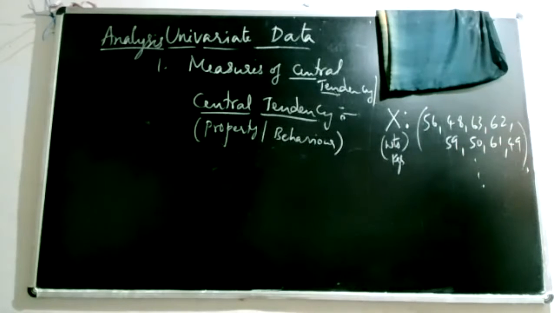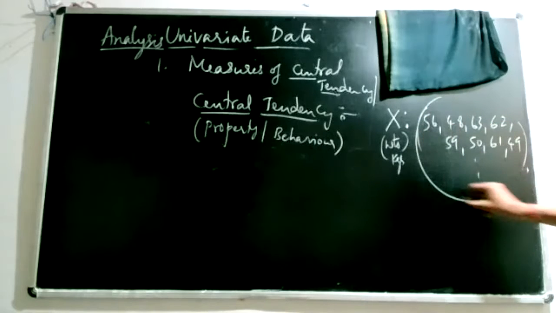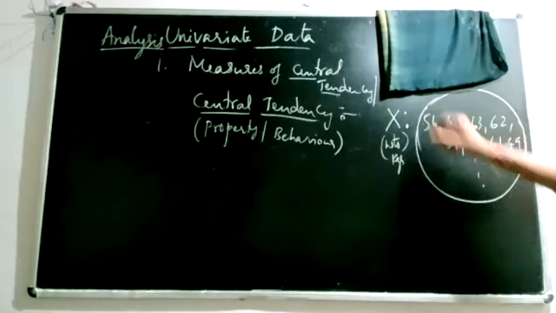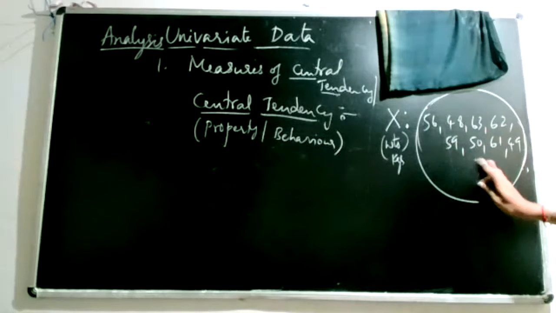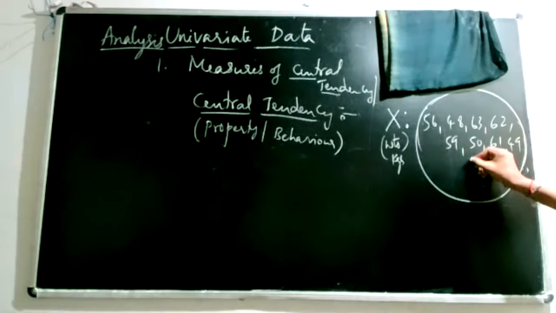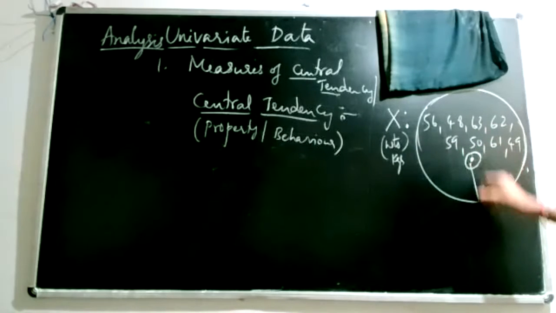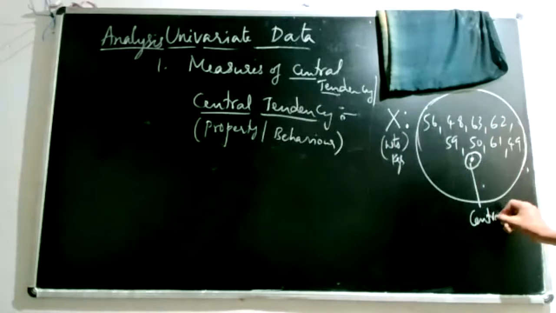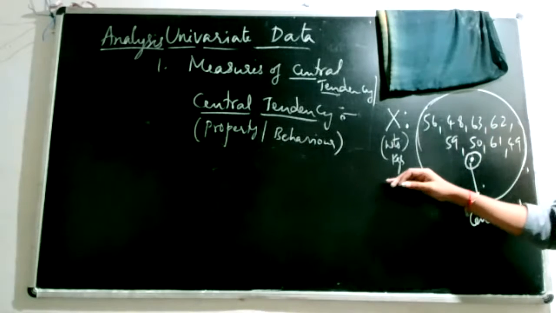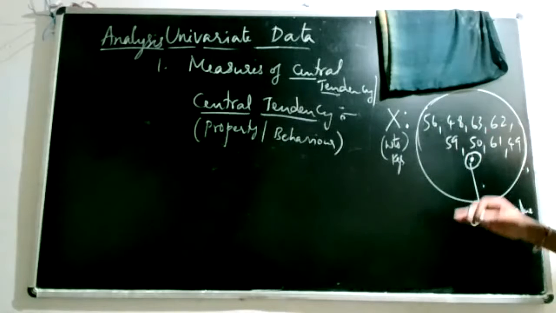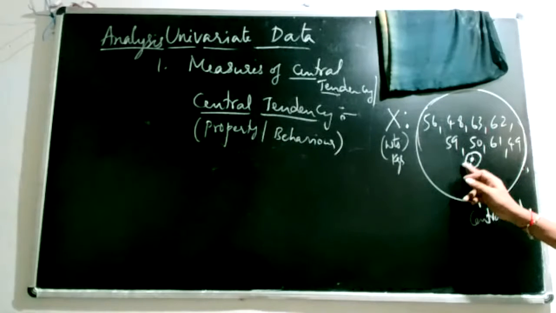If I record certain data, now you can see that most of the data points, or almost all the data points, can be observed to be closer to a particular value called the central value. So whatever may be the type of the variable, almost all the variables which exist in nature, in most of the cases you can observe this behavior.